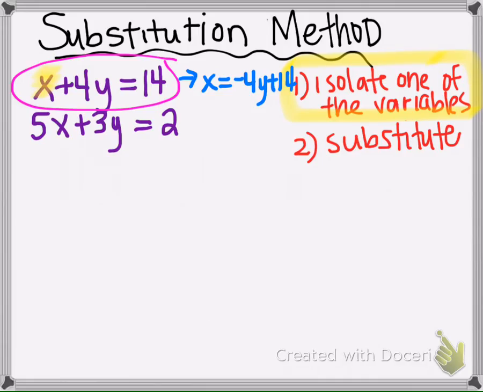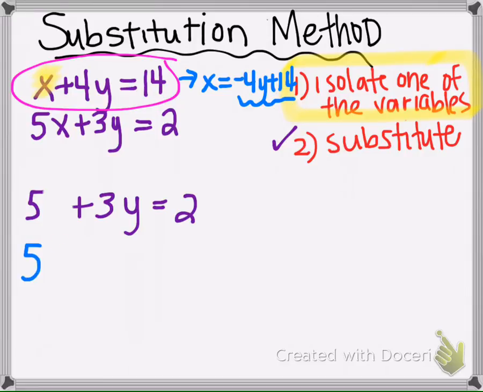So now we're going to go ahead and take the other equation, the 5x plus 3y equals 2, and we're going to now substitute the other equation into this equation. So instead of x, we're going to take out x because it says that x is the -4y plus 14.